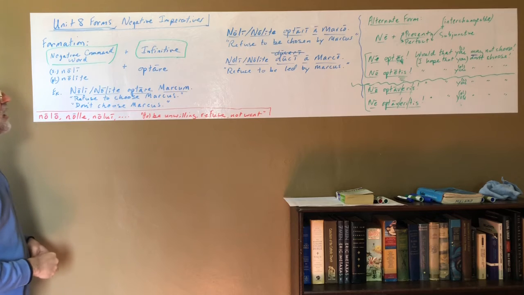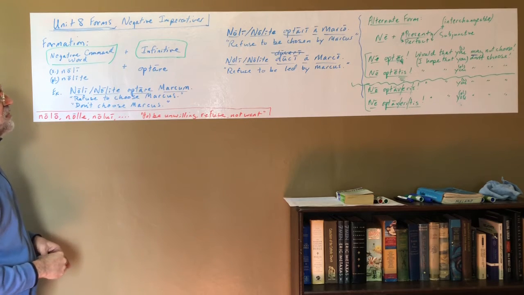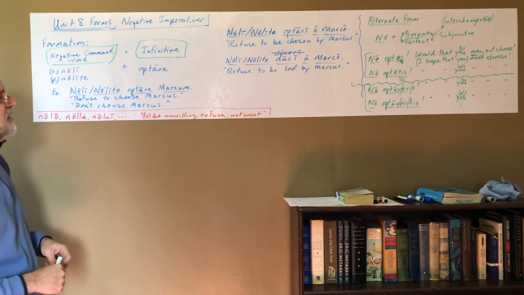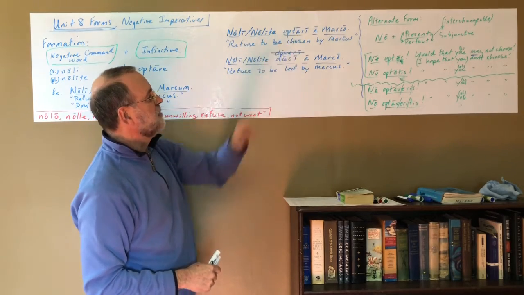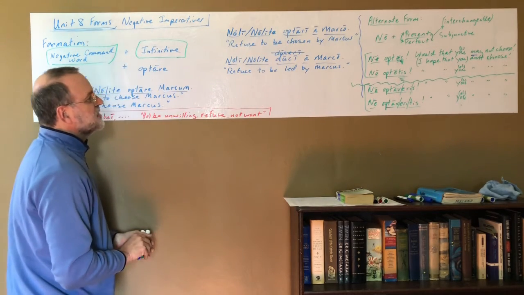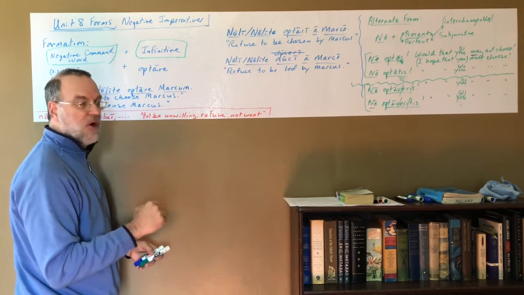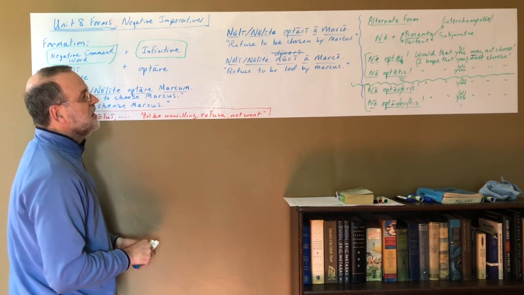Now, where it can get a little tricky is when you have to do a passive infinitive, where I replace the active infinitive with a passive form. Refuse to be chosen by Marcus.